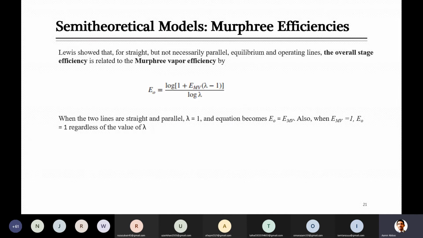After we find the efficiency of one plate, someone linked this efficiency with the overall efficiency of the column, which was called E naught, the overall efficiency.